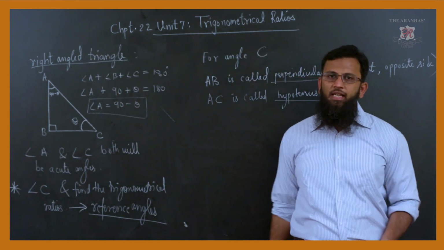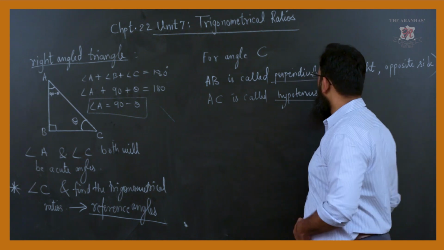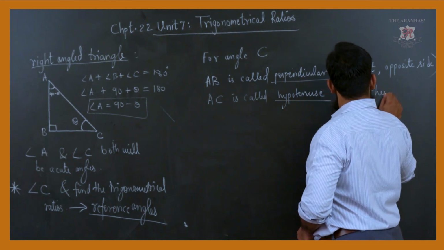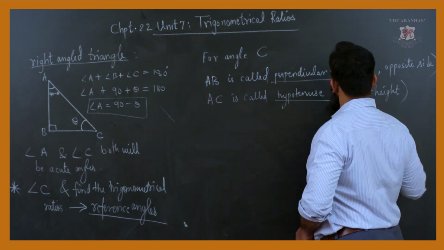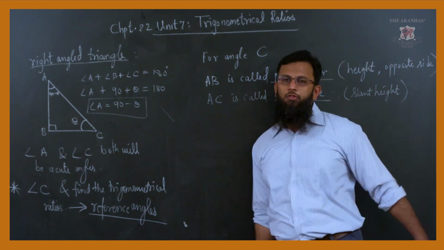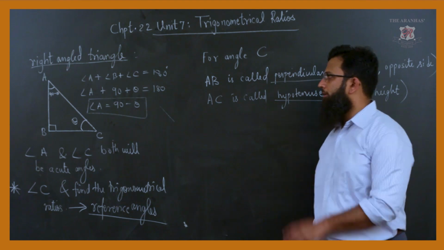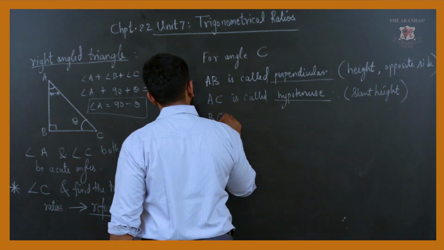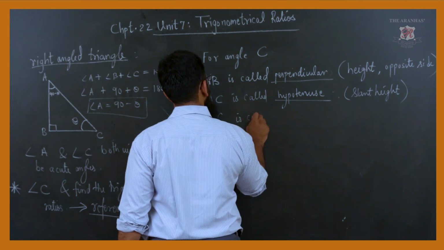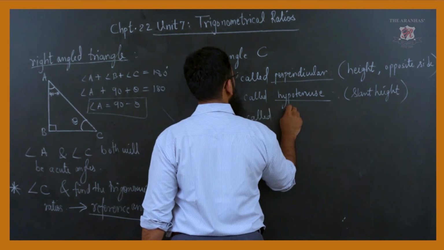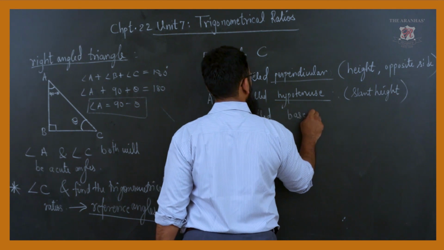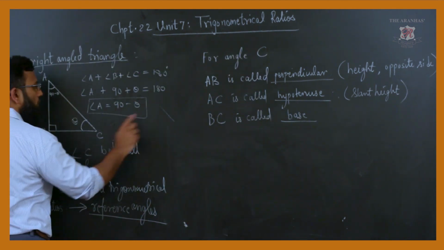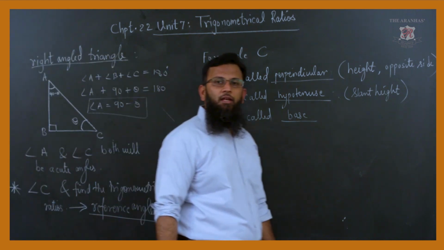You can also call it the slant height or you can call it the hypotenuse. Hypotenuse is the most common name used in general. And then the third side which is left is BC. BC is called, in a right angle triangle, the base. Side BC is called the base.